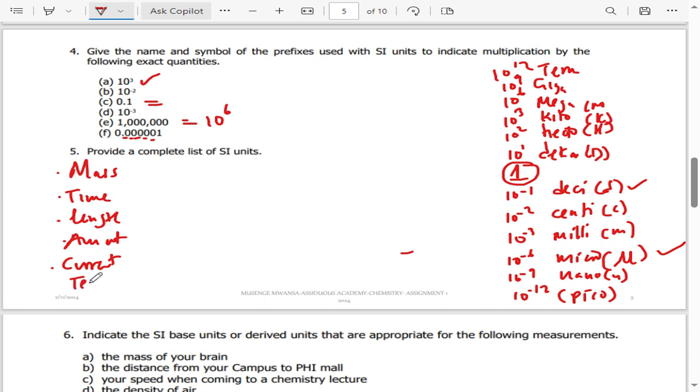There is temperature, there is luminous intensity. So the unit for mass is the kg, time is the second, length is the meter, amount of substance is the mole, current is amps or ampere, temperature is Kelvin, luminous intensity is candela. So these are the SI units.